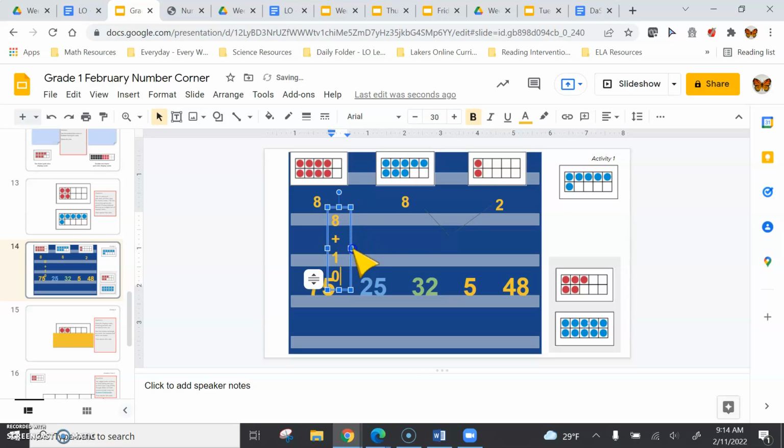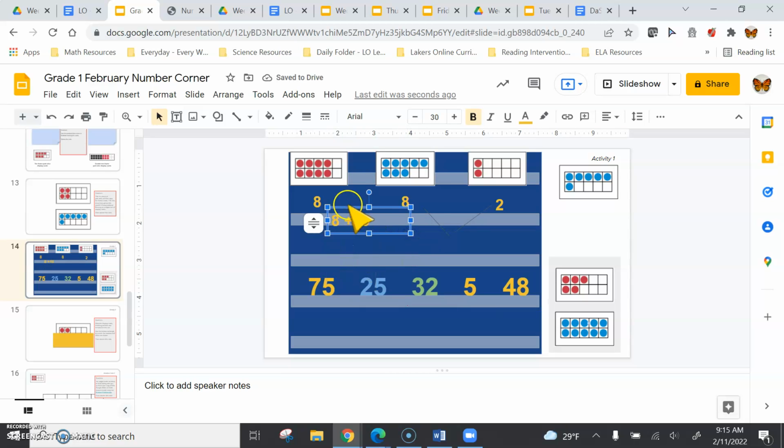So now we have the math equation 8 plus 10. What is 8 plus 10, All-Stars? 8 plus 10 equals, I heard someone say it. I know you're saying it. 18. Very good.